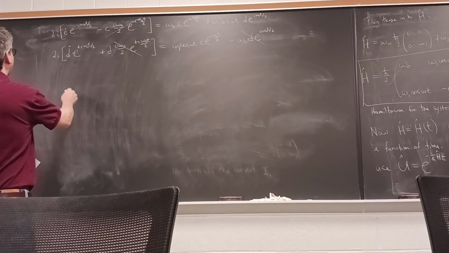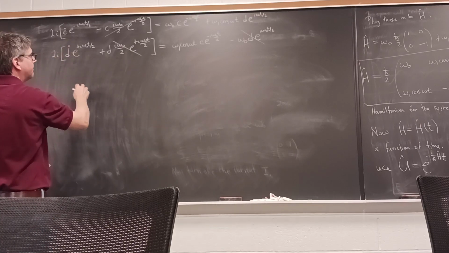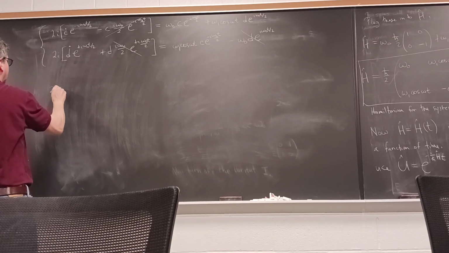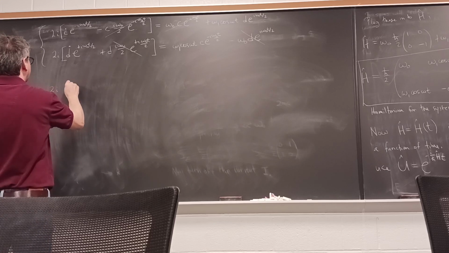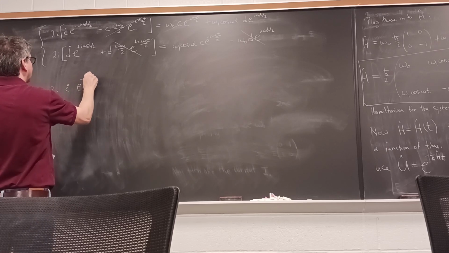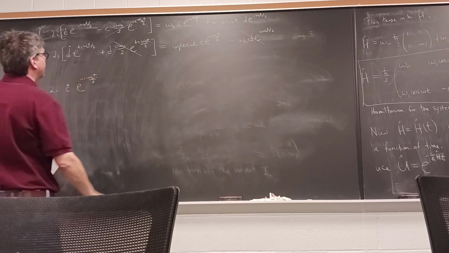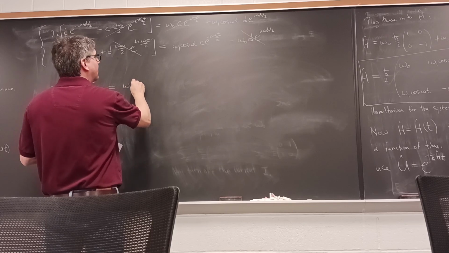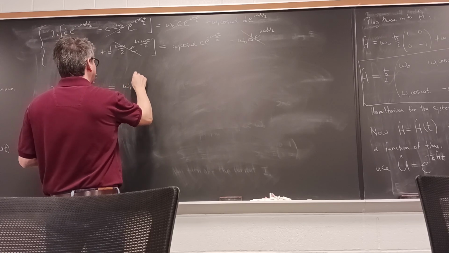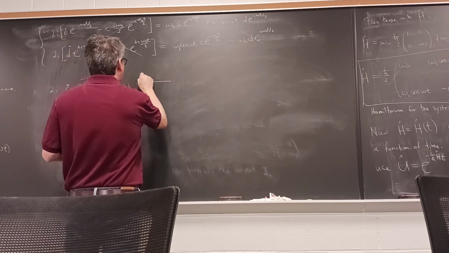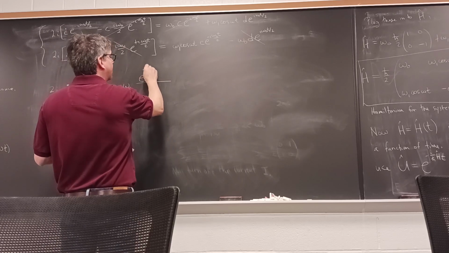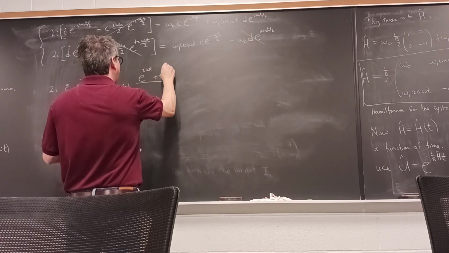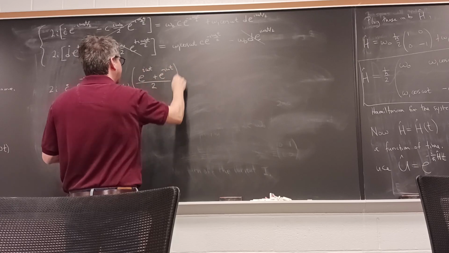Okay, so what do we have? Let's see, I'll write this one more time. 2i C dot e to the minus i omega 0 t over 2 is equal to omega 1 cosine. Let's write the cosine as e to the i omega t plus e to the minus i omega t over 2. That's just the cosine.